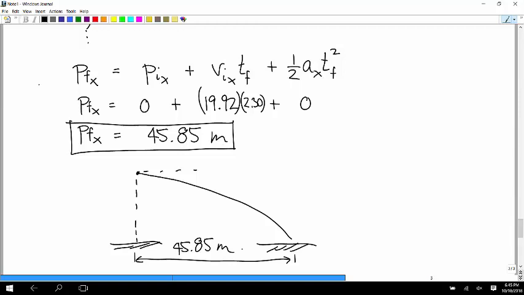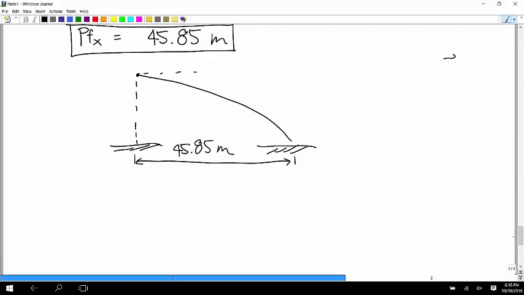Okay, that part of the problem was just like the car problem. But now the next part is the part that's a little tricky, or you just have to be aware of the difference for this part. So part B, we want to know, so the helicopter is headed sort of down, a little bit down, and it takes 2.3 seconds for the object to hit the ground. So the helicopter in that time goes down a little bit, right?